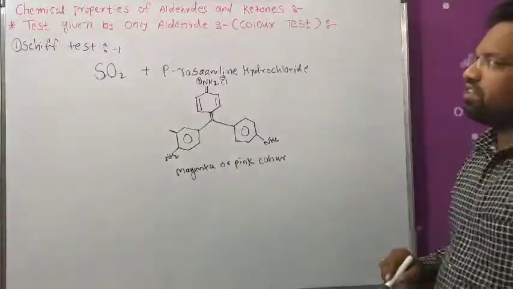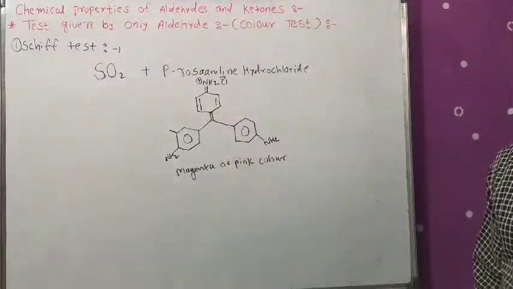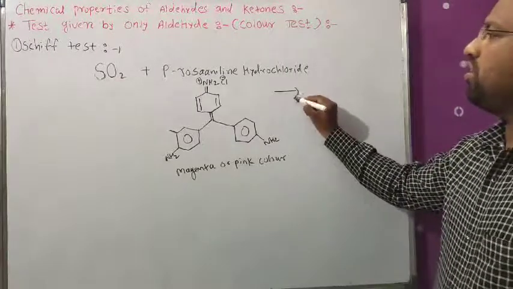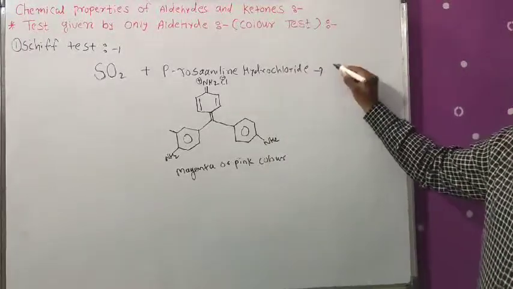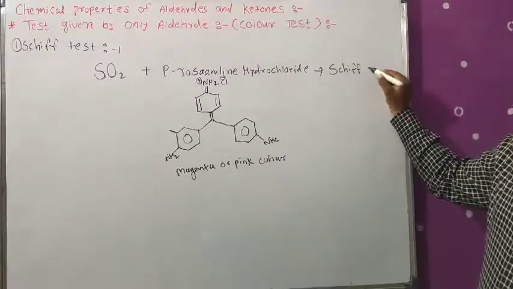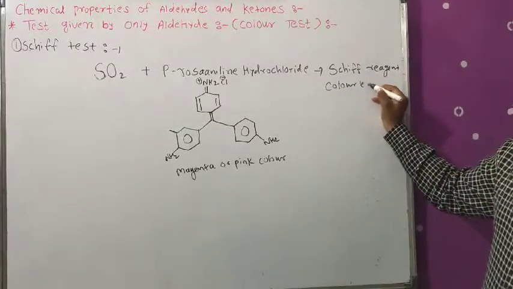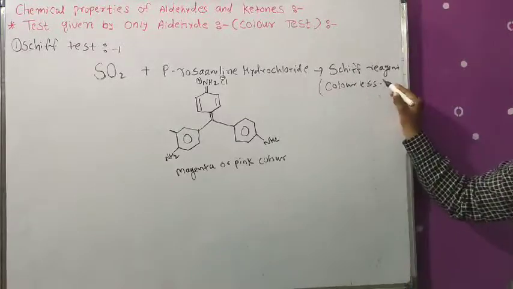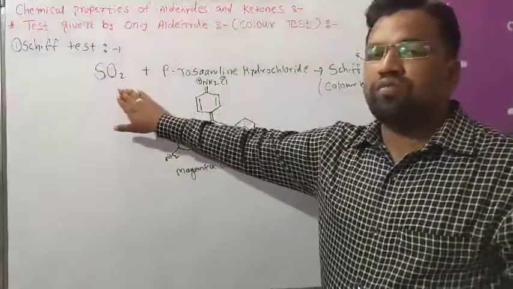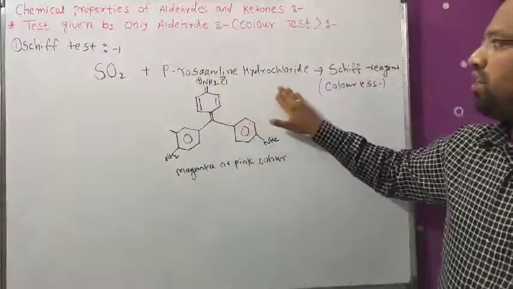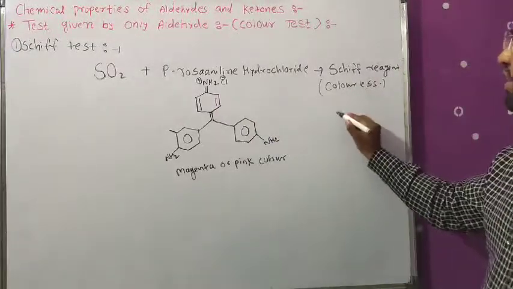When sulfur dioxide is passed through it, this magenta or pink color disappears and we get the Schiff reagent, which is a colorless compound. So Schiff reagent is the colorless compound formed by passing sulfur dioxide gas through para rosaniline hydrochloride. Okay, now the structure of Schiff reagent is like that.